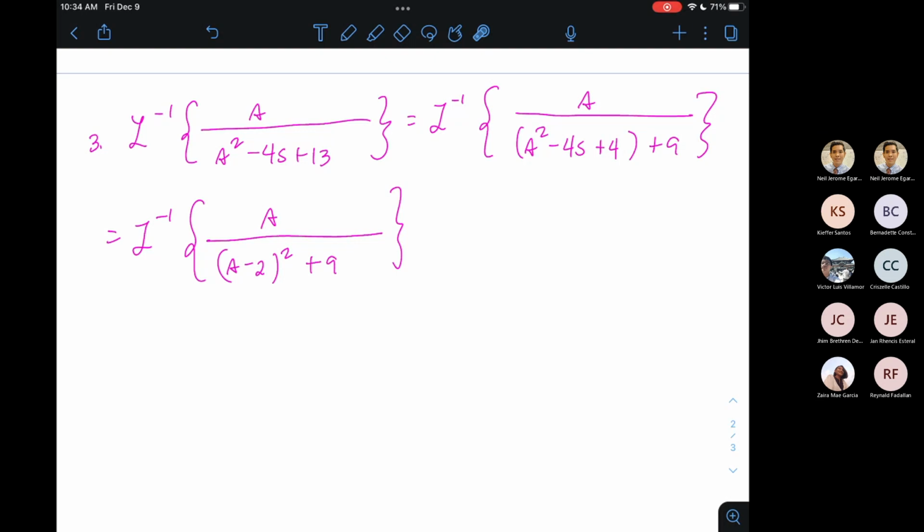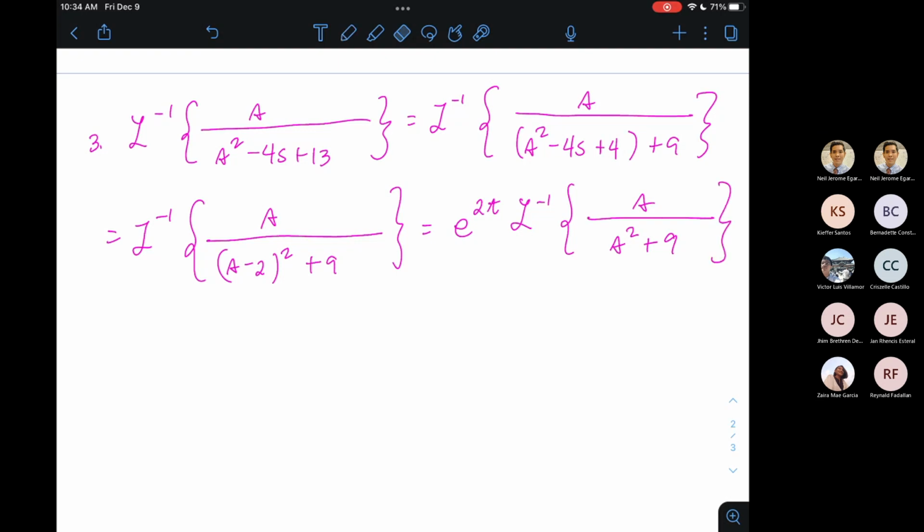Right? Kasi gusto kong mag-plus ng 2 kay s. S plus 2 minus 2. So ibig sabihin may plus 2 ako na i-introduce. Yung plus 2 na i-introduce ko dapat exponent siya ni e times t. Right? That means this is e to the 2t times the inverse Laplace transform of s over s squared plus 9.